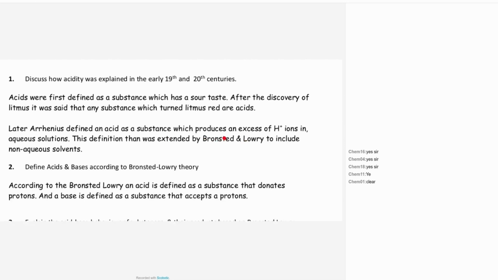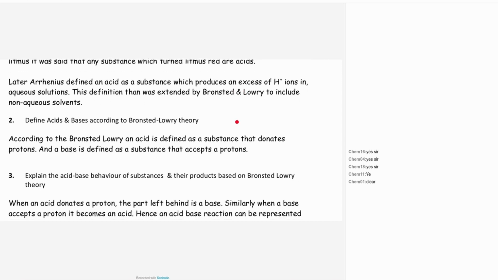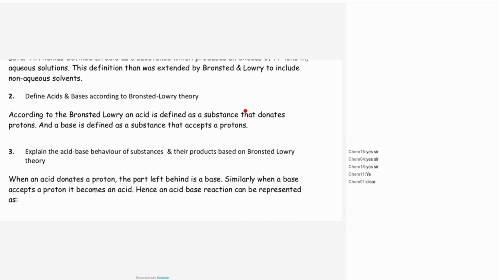Now, as to the Bronsted-Lowry theory, acids are defined as any substance which donates protons. What is referred to here as a proton is H+, because an H+ ion is simply a proton, and any substance which accepts H+ ions is a base.